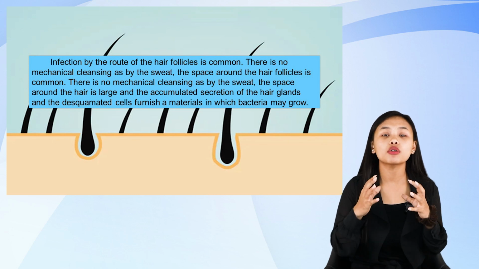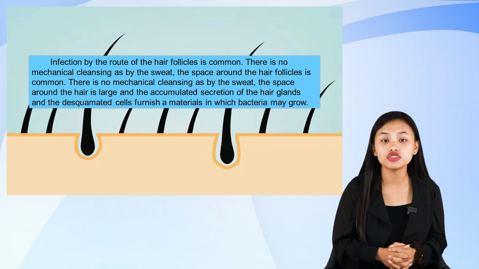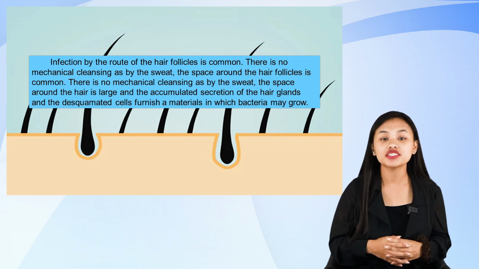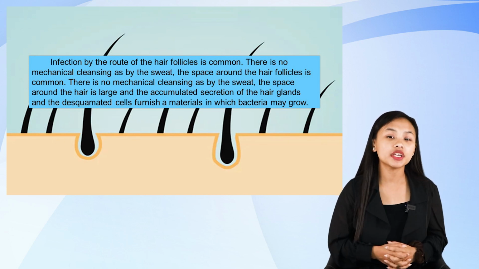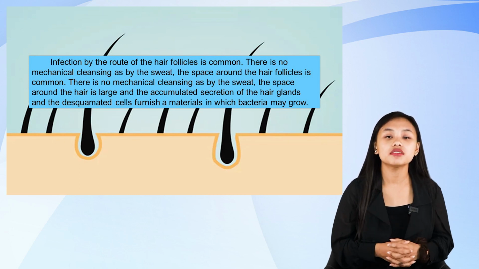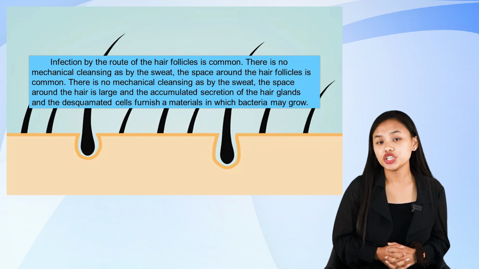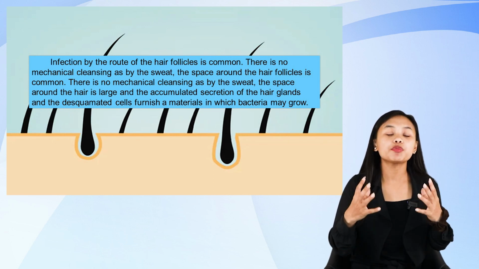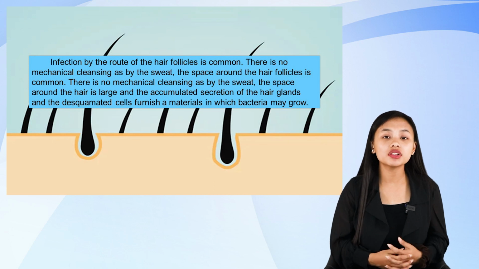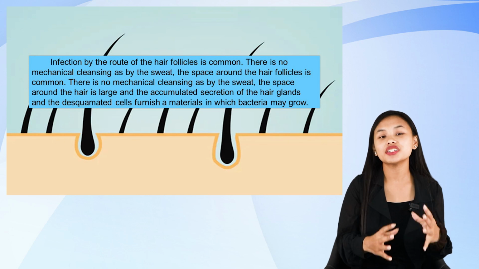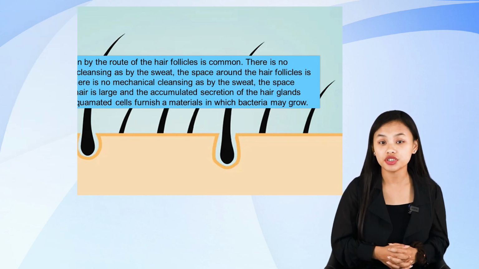The spaces around these hair follicles are large, and the accumulated secretion of the hair glands as well as the desquamated cells furnish a material in which bacteria can grow. When these bacteria grow as a mass, they may produce sufficient toxic material to destroy the adjacent living cells, and this will thus effect entrance.